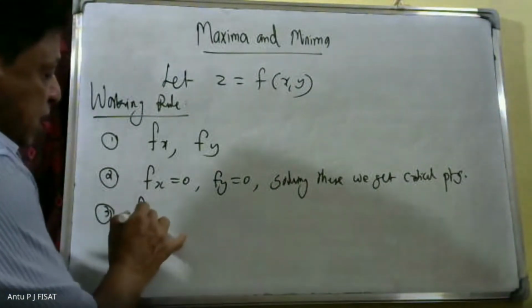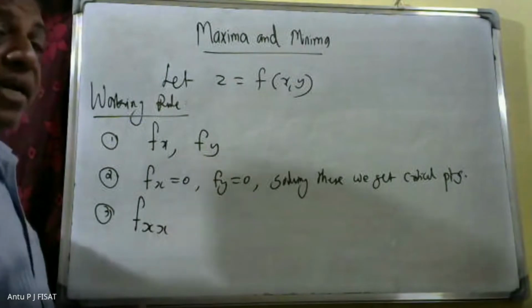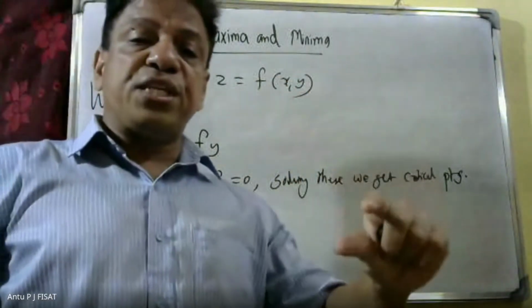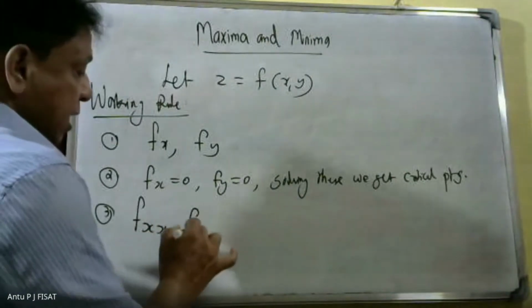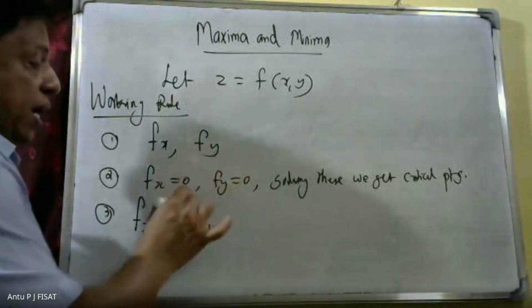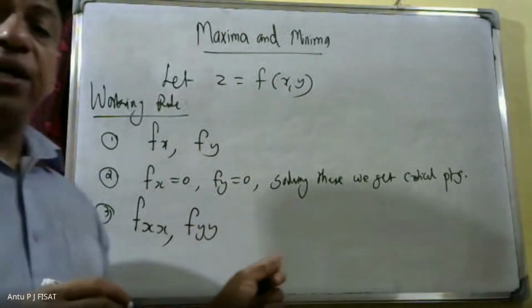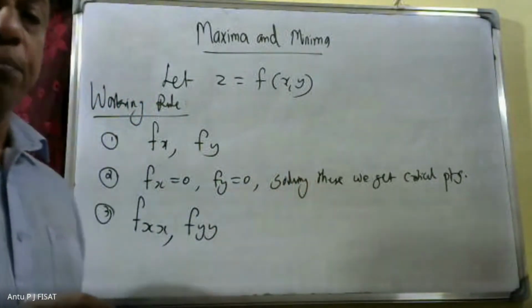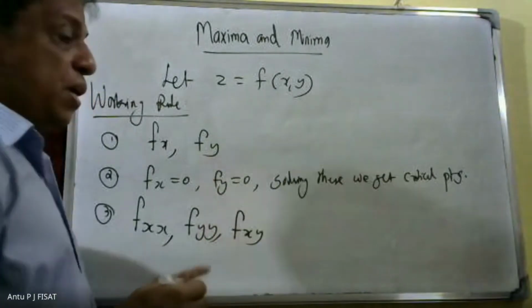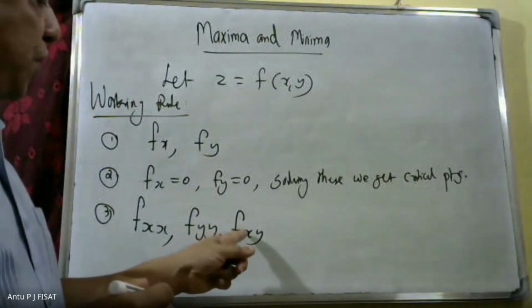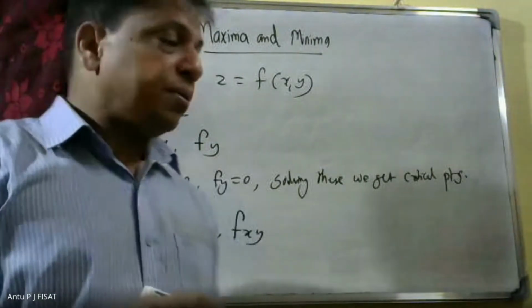Then third point, calculate fxx, second derivative. We partially differentiate fx again with respect to x, then we get fxx. Then fyy, we again differentiate fy with respect to y, then we get fyy, second order partial derivative. Then fxy, we partially differentiate fx with respect to y.